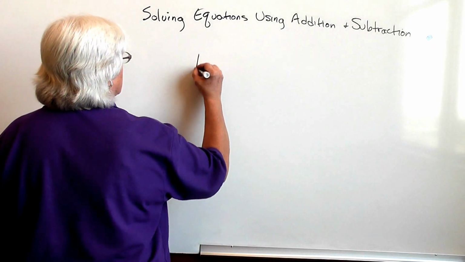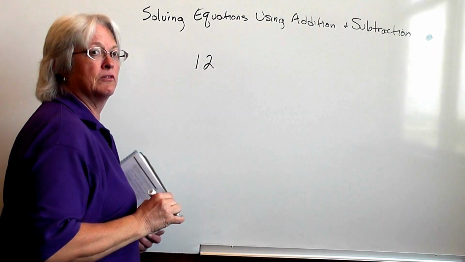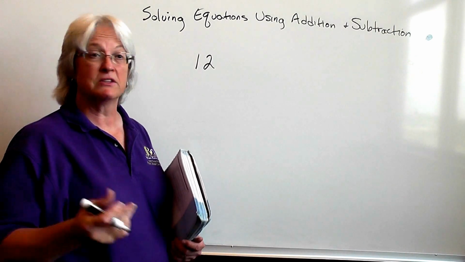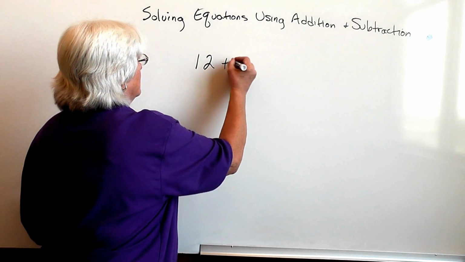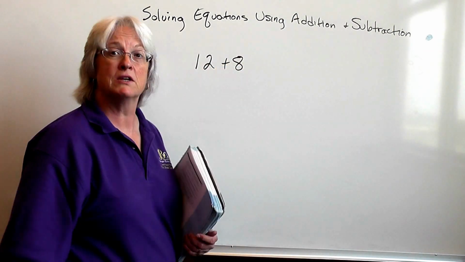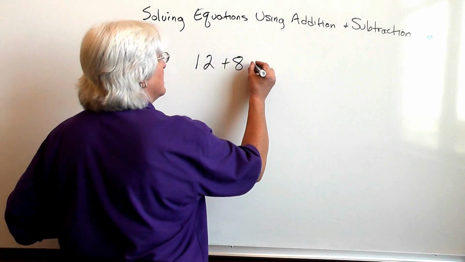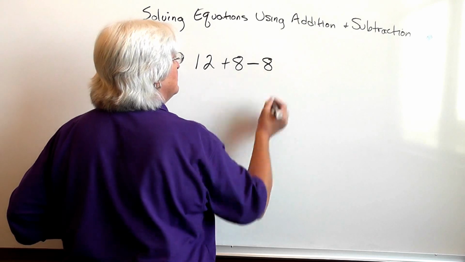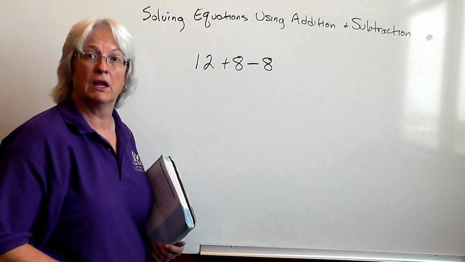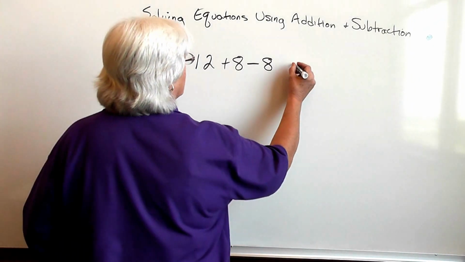Let's say that we start with 12. And what happens if we add 8 to it? Well, 12 plus 8 is 20. Let's subtract 8 from 20, and what do we get? We end up with 12.